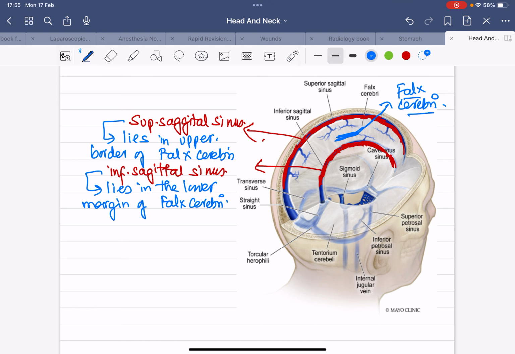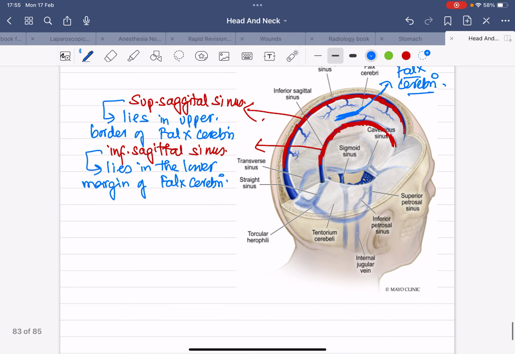Now see here, this inferior sagittal sinus is joined by another vein. For example, if I draw one more vein here, this vein is known as the great cerebral vein of Galen, according to the author's name.